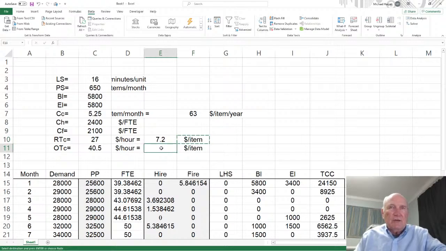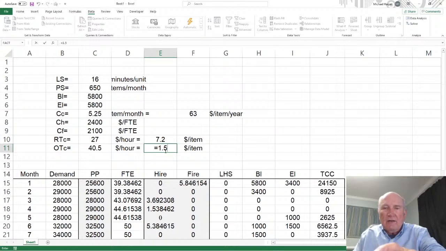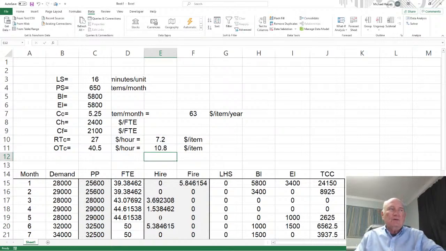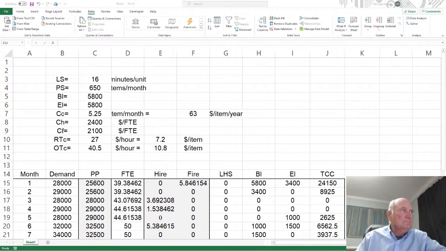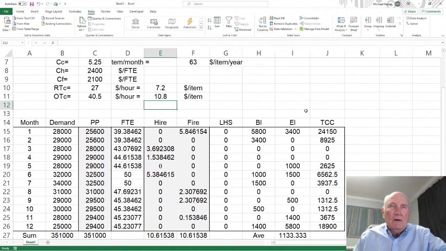That is also equal to 1.5 times 7.2, which is 10.8. Okay, there we go.